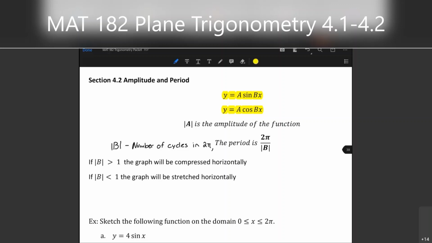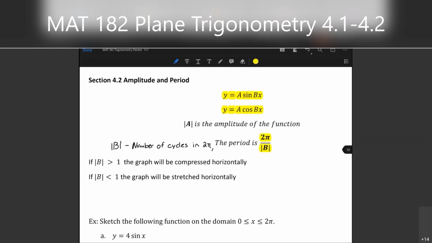So the period itself is 2 pi over the absolute value of b. Most of the time, this b value is going to be a positive number, so most of the time the absolute value doesn't matter a whole lot. But by definition, it is going to be an absolute value there for the b value.